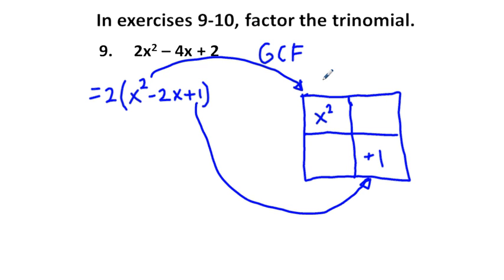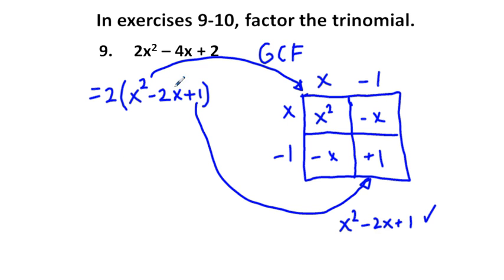And then we know the factors of x squared are going to be x and x. And your factors of 1 are going to be 1 times 1 or negative 1 times negative 1. In this case, we know we have a negative 2x, so we're going to have negative 1 here. Negative 1 times x is negative x. Negative 1 times x is negative x. So reconstituted, we're going to have x squared minus 2x plus 1.